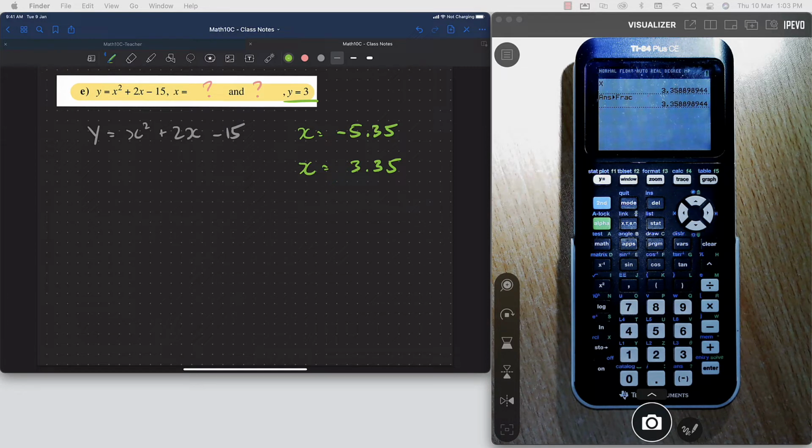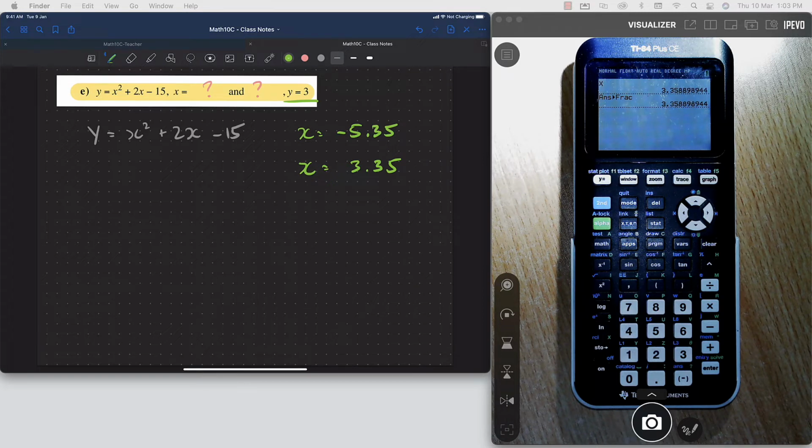So it can't be represented as a fraction, which means it's probably going to be represented in some type of radical form.